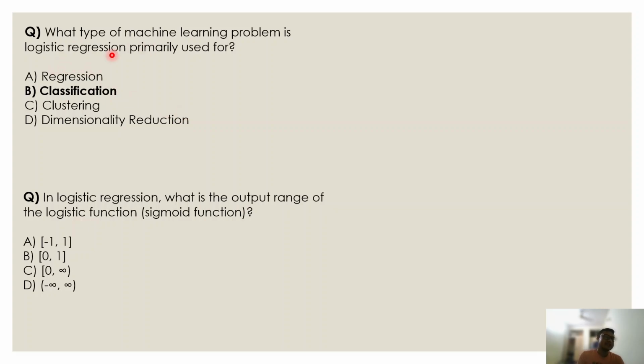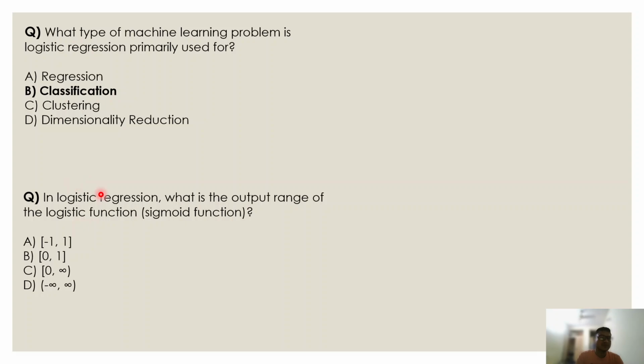The word regression in logistic regression does not mean that it is utilized for regression. It is basically used for the classification problem, while linear regression is utilized for the regression problem. That's what we discussed in the previous slide.